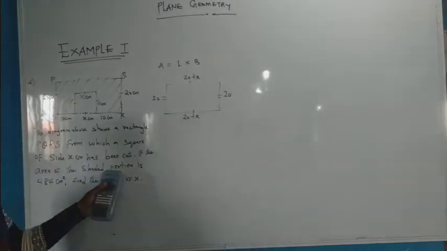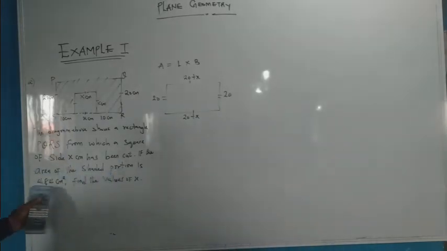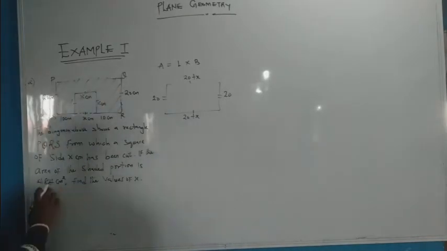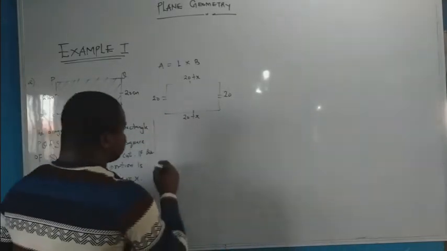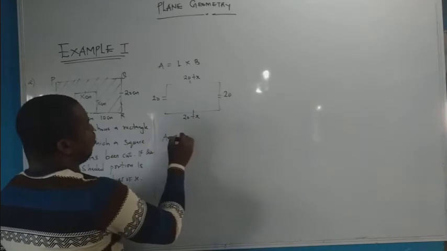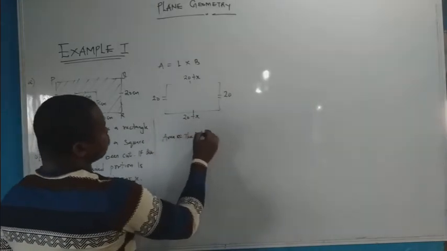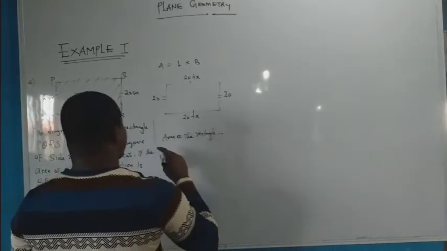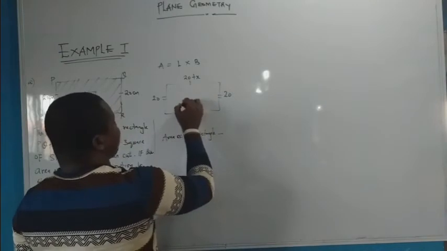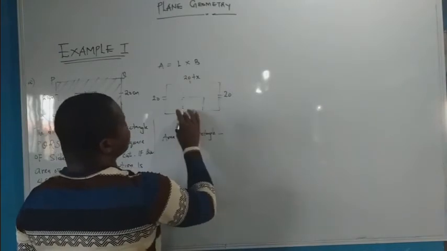You are told that the area of the shaded portion is 484 centimeters squared, find the values of x. So the area of this shaded portion is 484 centimeters squared. That simply means that the area of the rectangle minus the area of the square in it.